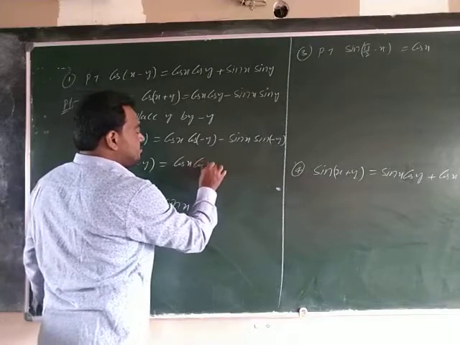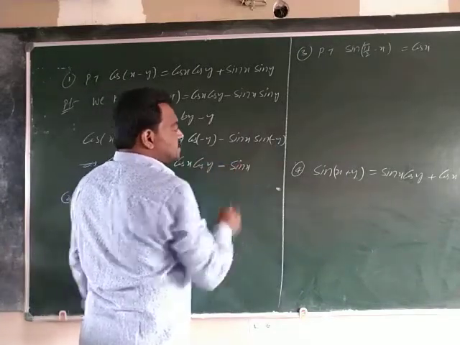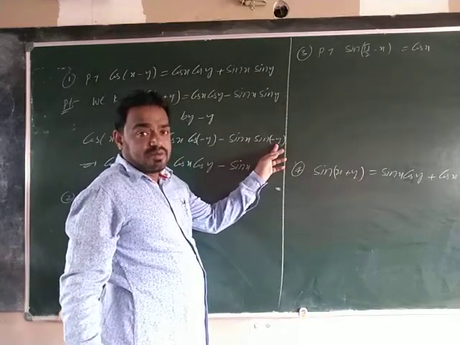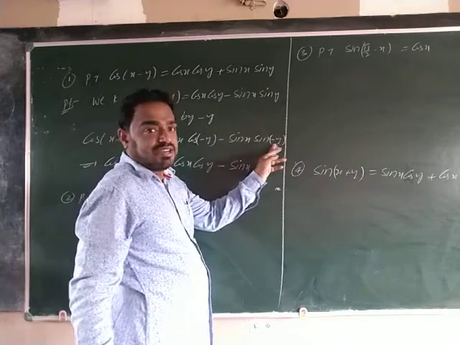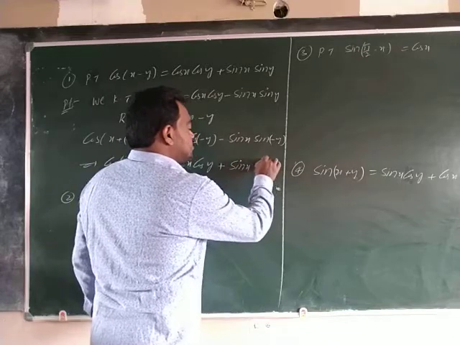And minus sin x sin of minus y equals plus sin x sin y, since sin of minus theta is minus sin theta. So sin of minus y is minus sin y, and minus into minus is plus here. So this is the proof.